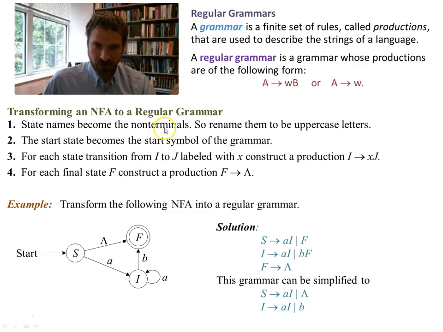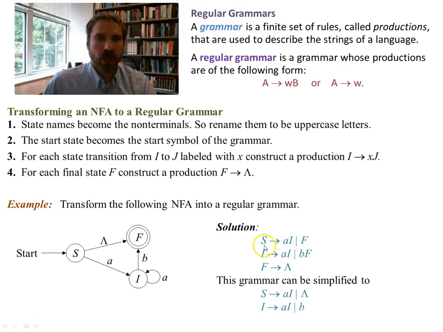So state names become the non-terminals. Basically, you just take your state names, and these are going to become the beginnings of your production rules. And then the start state is the start symbol of the grammar, so state 0, which is usually what we've called it, we'll just call S. And then the state transitions just give us the productions. So if I'm in S, I'm going to be able to produce F, or I'm going to be able to produce AI, and that's what you see over here.